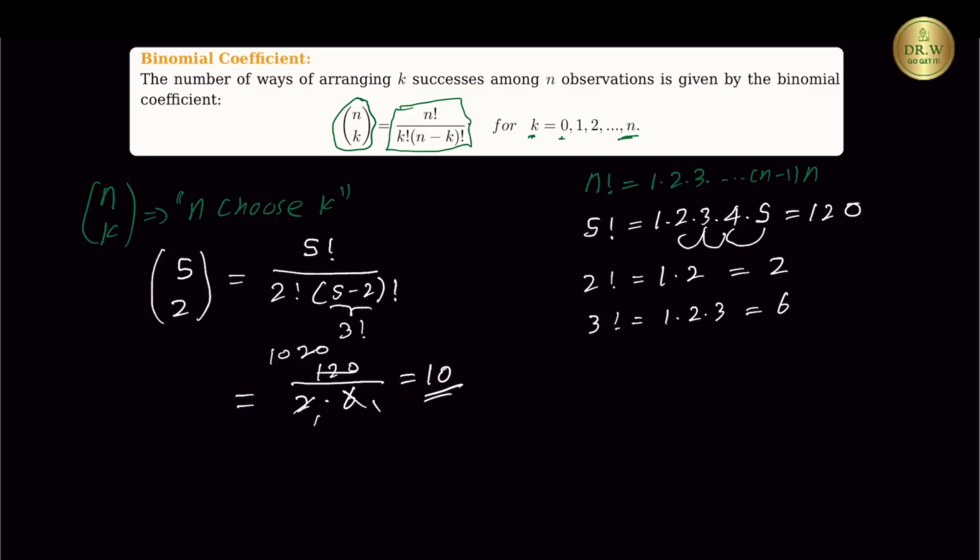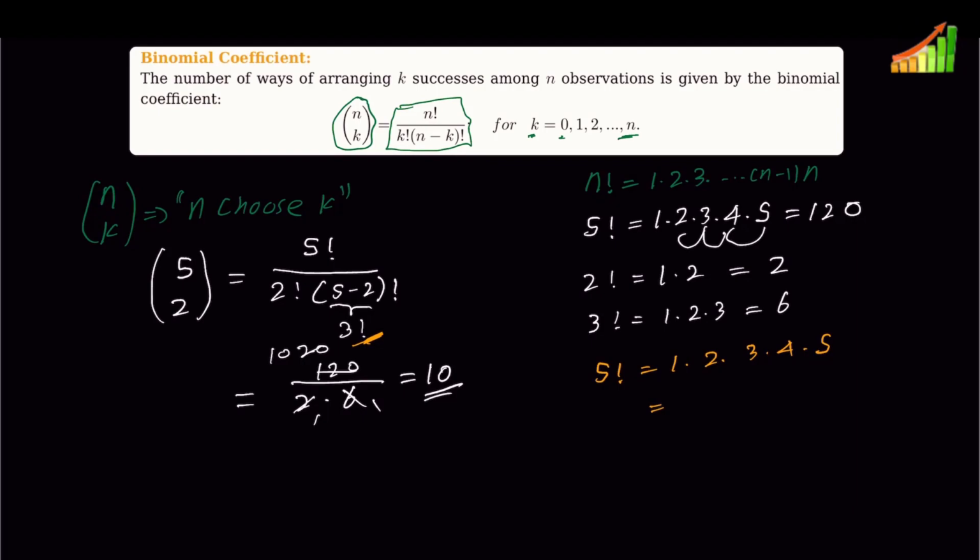There is an easy way to simplify this if you don't use a calculator. Let me explain that as well. You see factorial 5 is 1 times 2 times 3 times 4 times 5. And here we have denominator factorial 3. So factorial 3 is 1 times 2 times 3, like here.